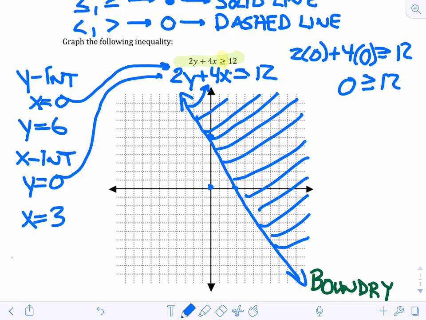Be careful when you're checking. You want to make sure that you check a point that's not on your boundary, because since your boundary will satisfy that inequality, we need to know which direction to shade. So when we ask for this type of graph, this is what we're looking for as an answer. We want to see your line and we want to see your shading.